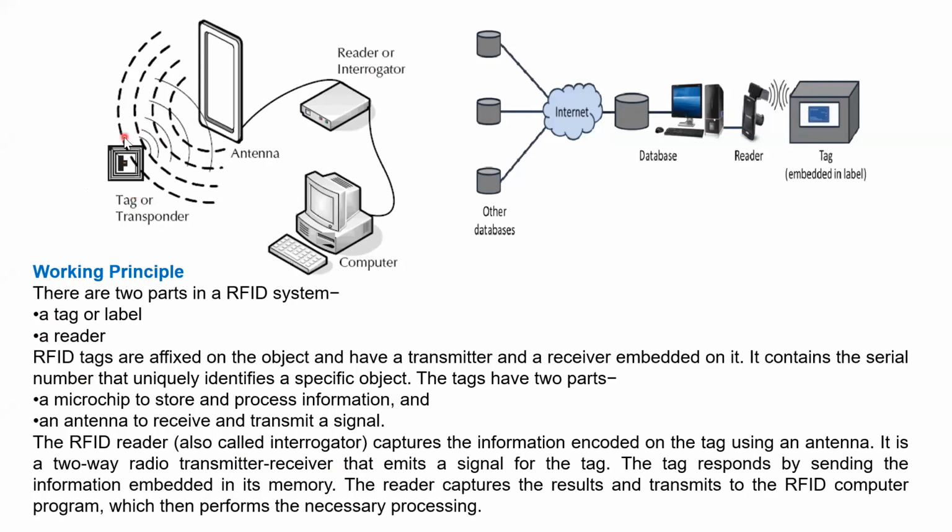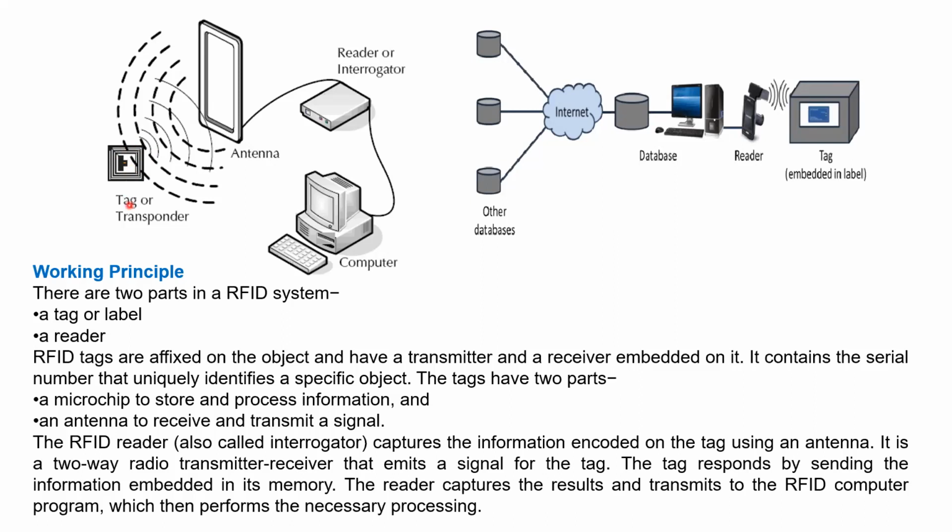A tag is a device which consists of information about some object, and along with it, it may have a transmitter, receiver and antenna on a small chip, depending on whether it is an active type of tag or a passive type of tag. This tag is responsible for transmitting information in the form of radio frequency waves. So this is what a tag is.